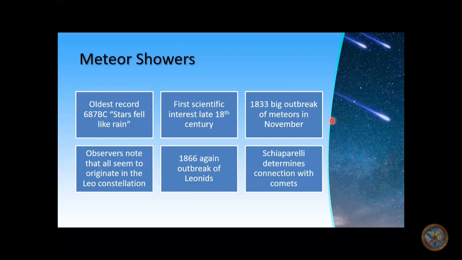Denison Olmsted at Yale, a professor there, was woken up by his neighbors, and they could see hundreds of meteors in a very short time. And they all seemed to originate in the Leo constellation. And Olmsted concluded that the meteors therefore must travel in parallel paths.